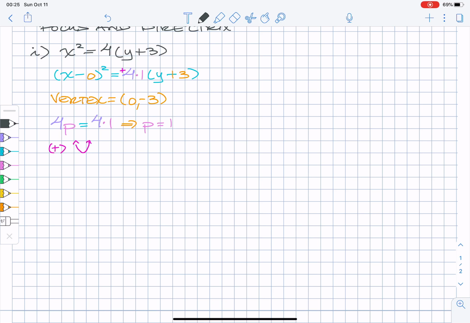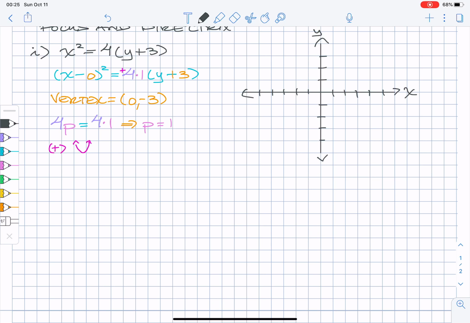Okay, so (0, negative 3), x and y coordinate axes. Let's do 1, 2, 3, 1, 2, 3, 4, 5.